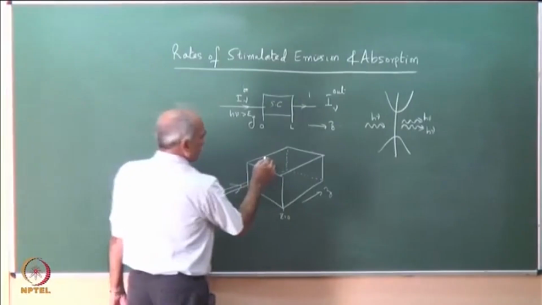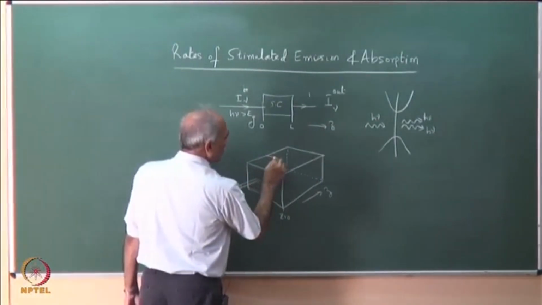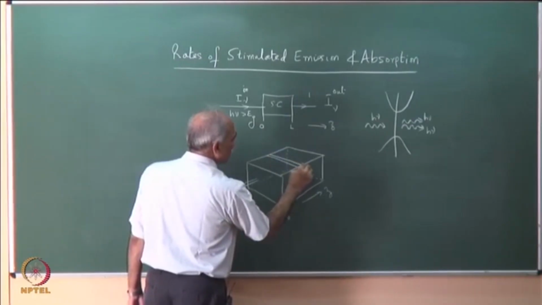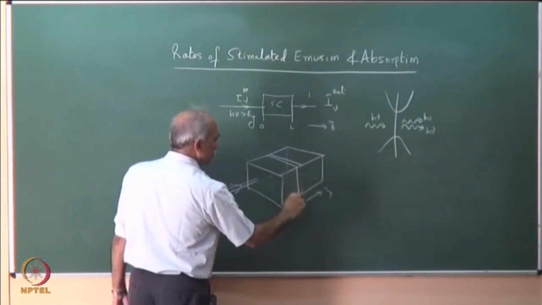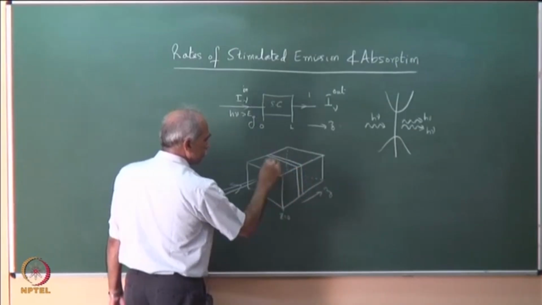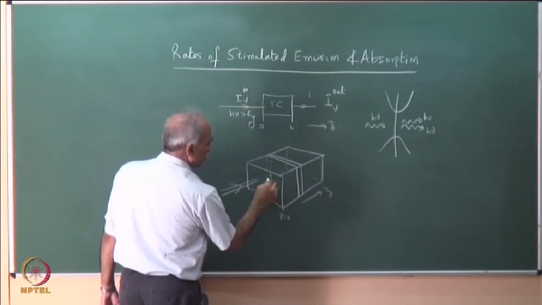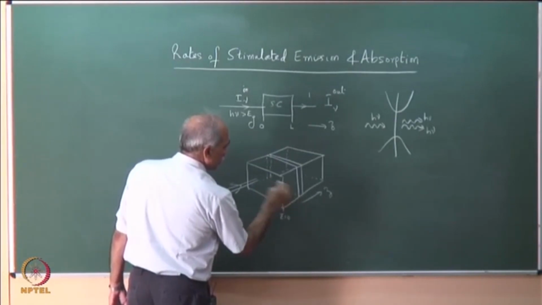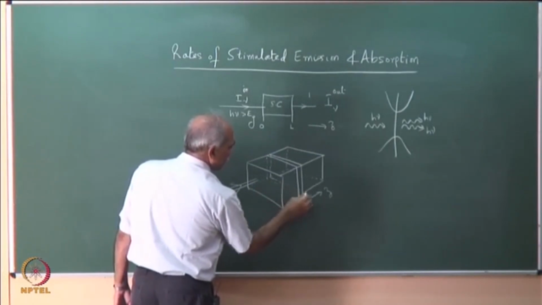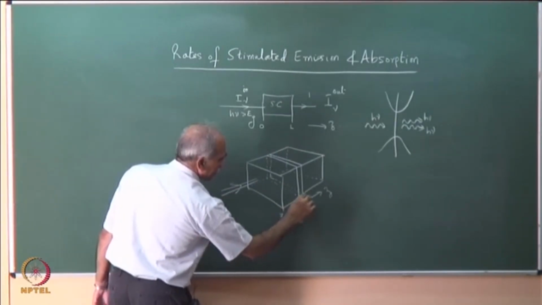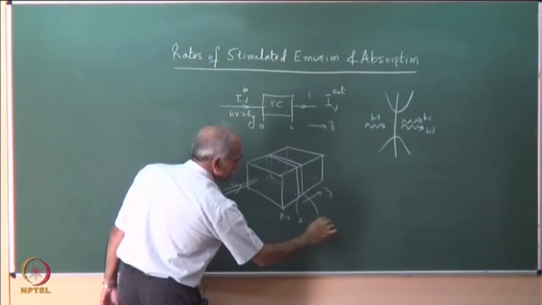If I consider a small volume element, a slice of infinitesimal thickness, this is z here and this is z plus dz.